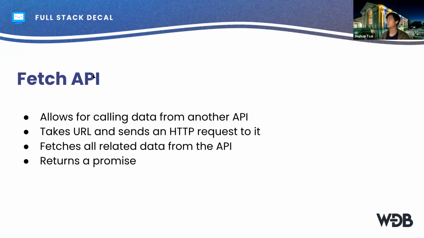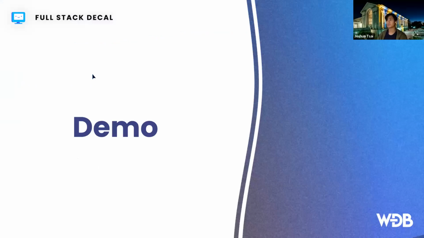Once that has been done, it will fetch all related data from the API that is sent back from this URL. And lastly, this makes use of promises in order to run with asynchronous code. Knowing this really helps with our programs to be able to fetch code from a remote URL.